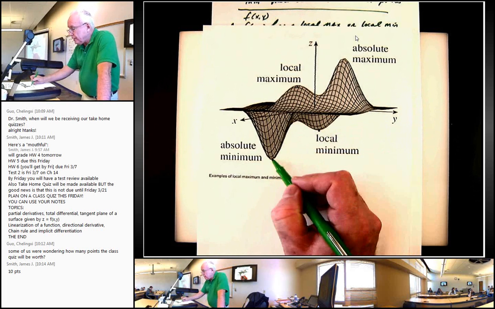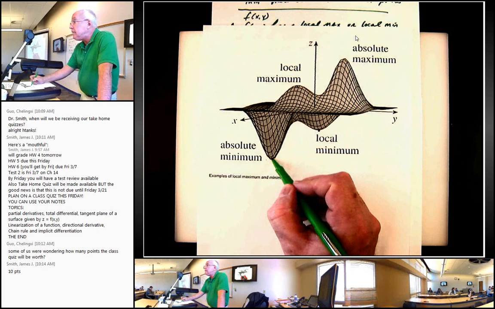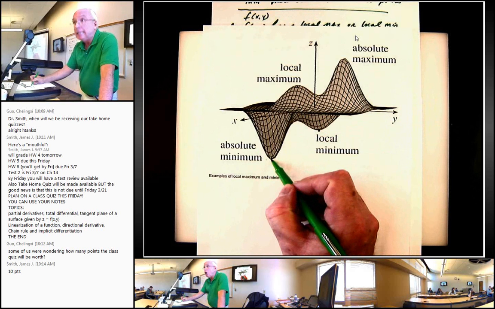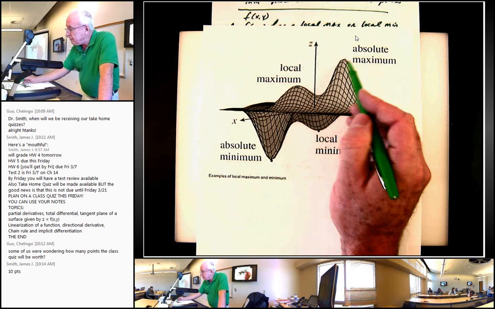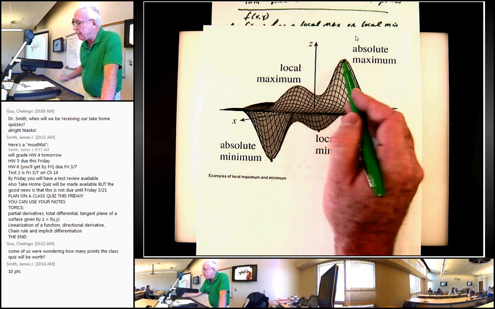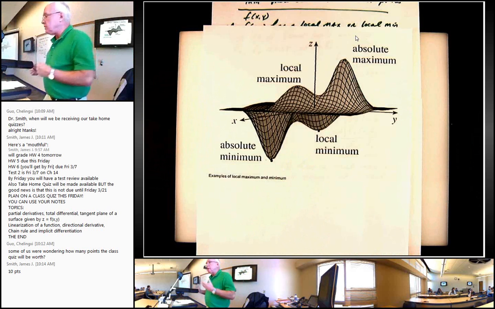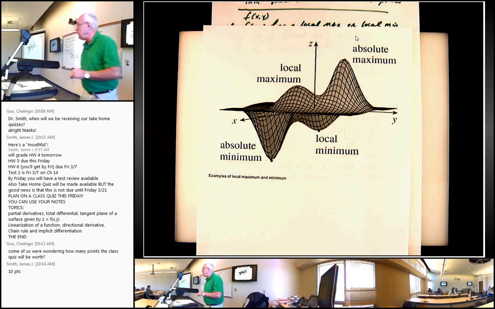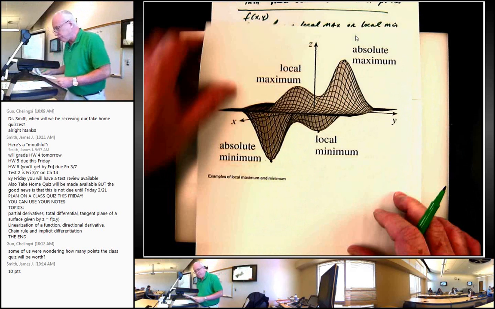This is actually an absolute minimum because this is the smallest value that the function has altogether, but it's also a local minimum too. And then this is an absolute maximum, but it's also a local maximum. So they're basically like the top of the hill, the bottom of the valley, as far as just thinking about them is concerned.